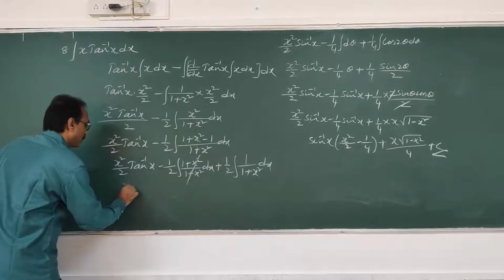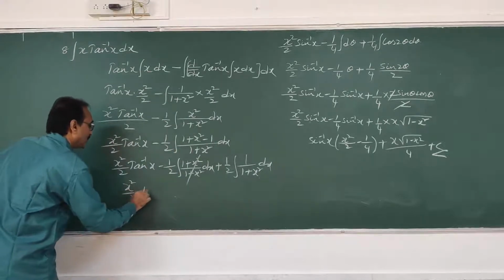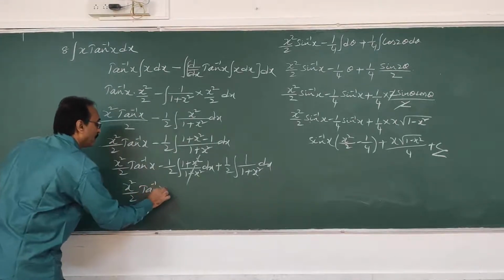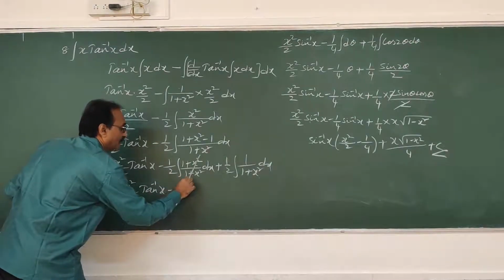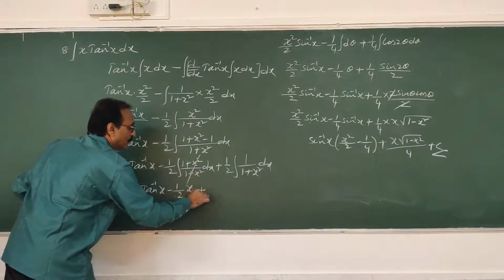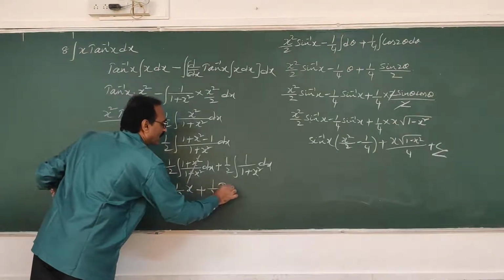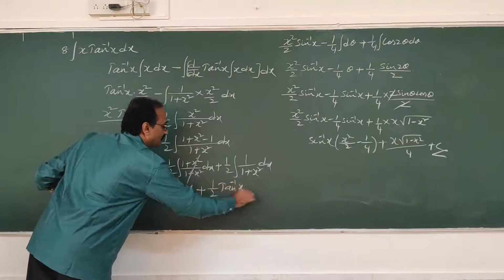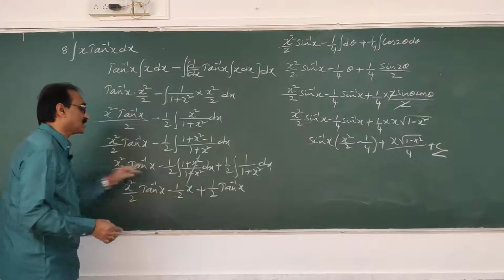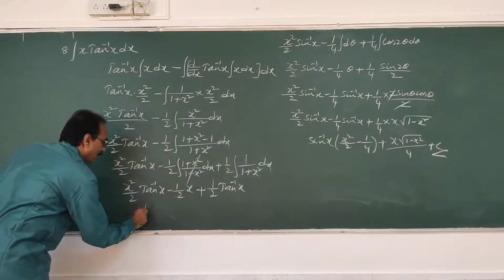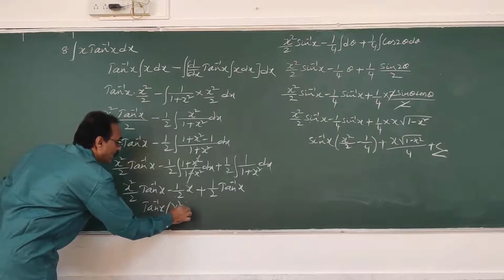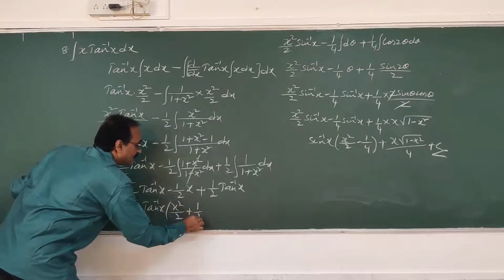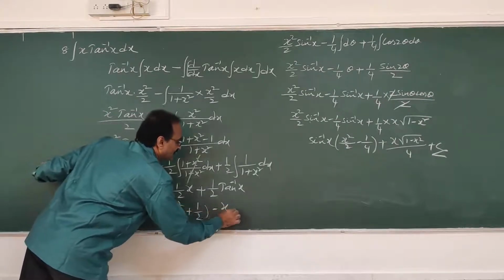So x square by 2 tan inverse x minus 1 by 2 integral dx. What is left over? Integral dx means x, plus 1 by 2 into integral of 1 by 1 plus x square, which is tan inverse x. If you take tan inverse x common, no problem as usual: tan inverse x into x square by 2 plus half, minus x by 2, plus c.